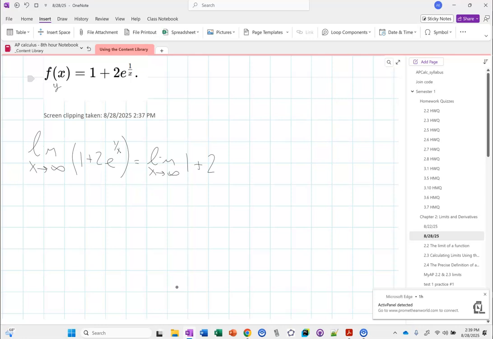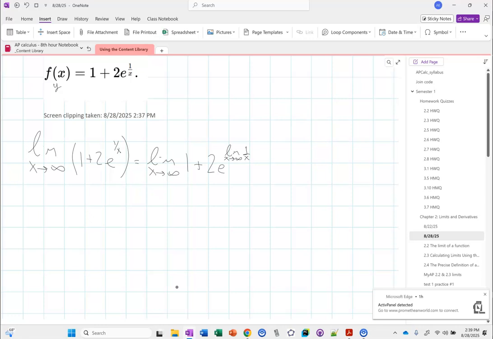So I'm just looking at what happens to f of x when it goes to positive infinity. So I'm going to do that, and then push the limit into the exponent. That's the sixth rule, right? Kind of. We haven't really, we hinted at that, composition can push the limit in.